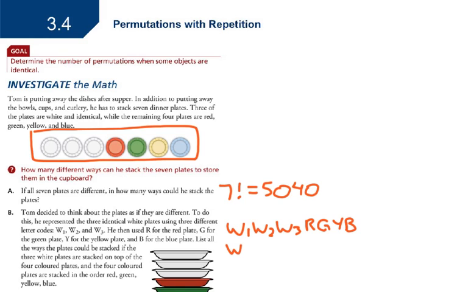Likewise, we could go W2, W3, W1, red, green, yellow, blue. We could go W3, W1, W2, red, green, yellow, blue, and so on and so on until we got all 5,040 possible combinations.